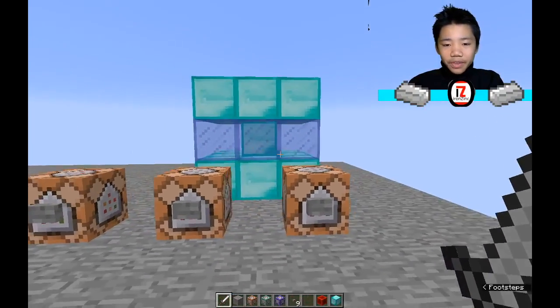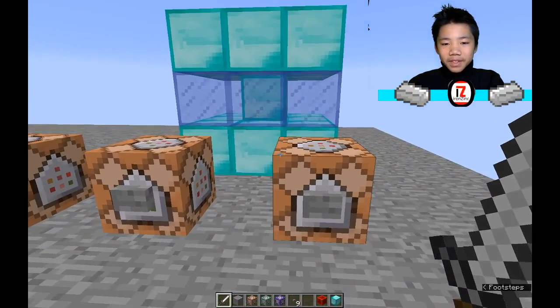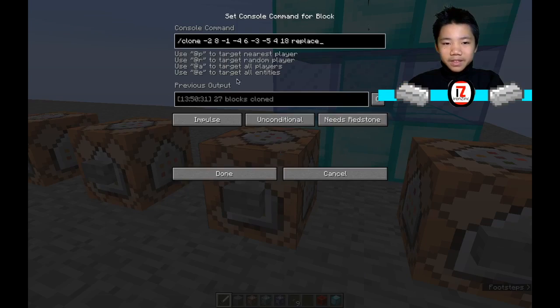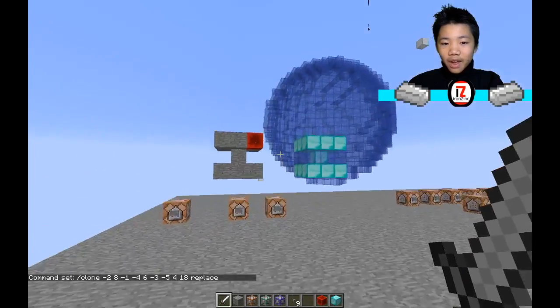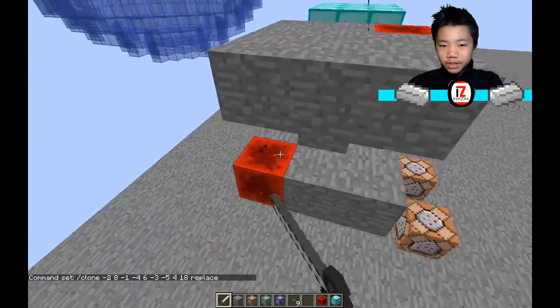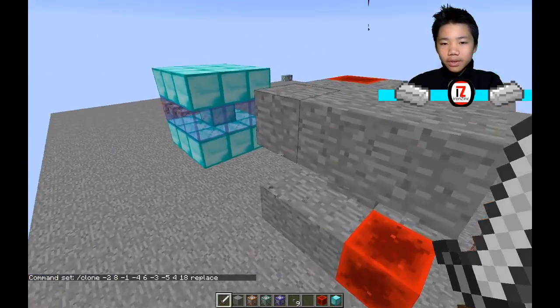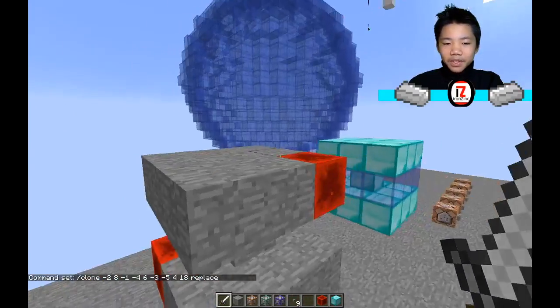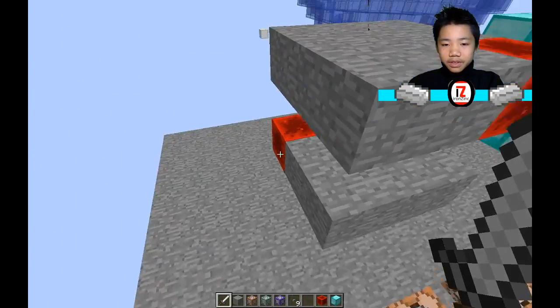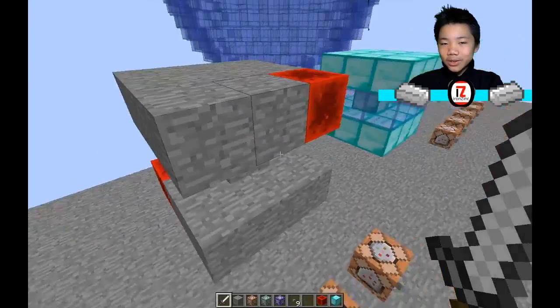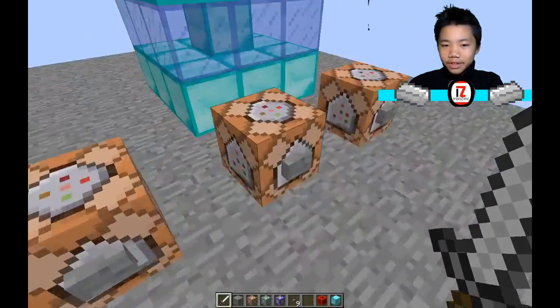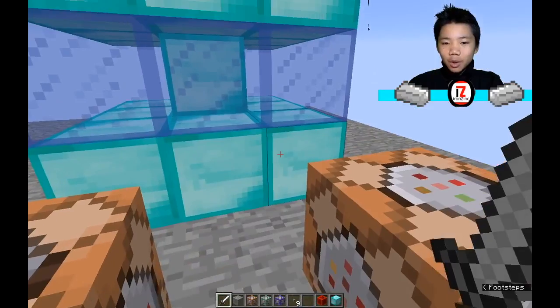Okay, cool. So a simple clone command would be this. I've already got the two coordinates for this structure, this one and that one, or it can be this one and that one. I've marked these two blocks and circled out this whole area, and I've cloned it to this block.